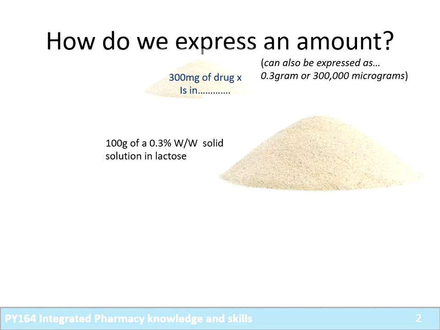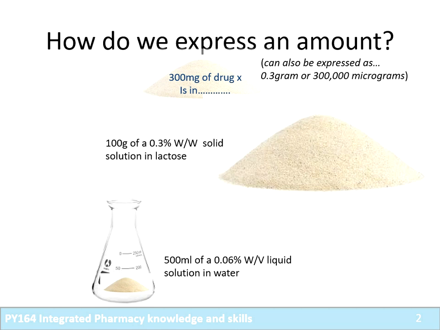So one way to express that is 100 grams of 0.3% weight. We could also say that it's in 500 mils of a 0.06% weight volume liquid solution in water. All of these will contain 300 milligrams of the drug.